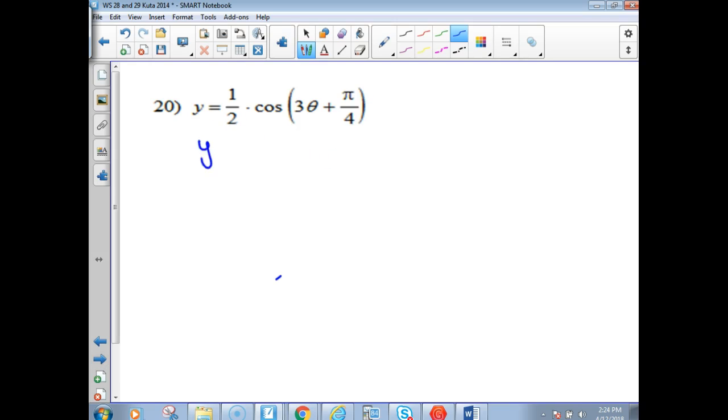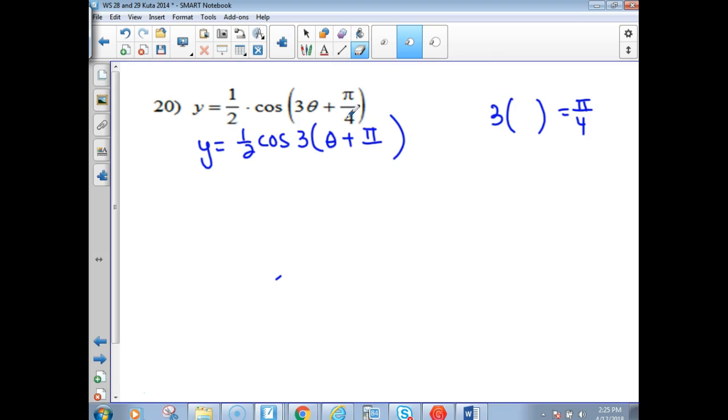If I were to factor out, I have 1/2 cosine of 3 times theta plus pi over something. So 3 times something is pi over 4. Factoring out the 3. Oh, I think you guys have a different thing here, don't you?